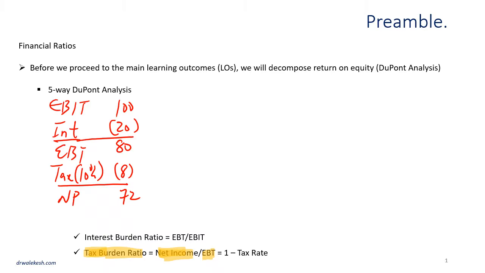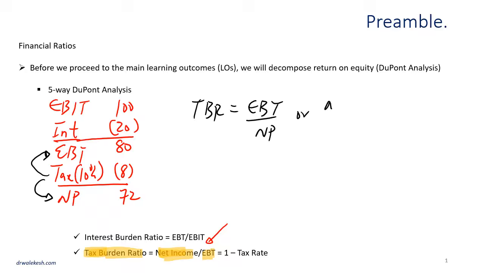To recall this formula here, the tax expense is between EBT and net profit. So that implies that the tax burden ratio could either be EBT over net profit or net profit over EBT. But since we agreed that the tax burden ratio should be less than 100%, then it obviously cannot be this.